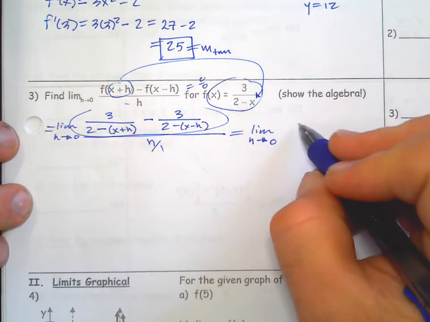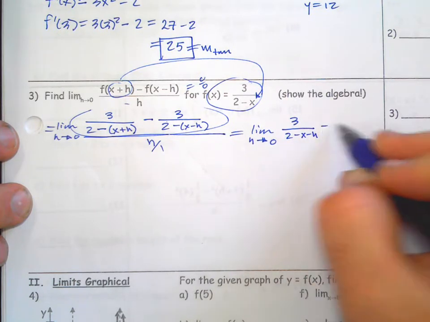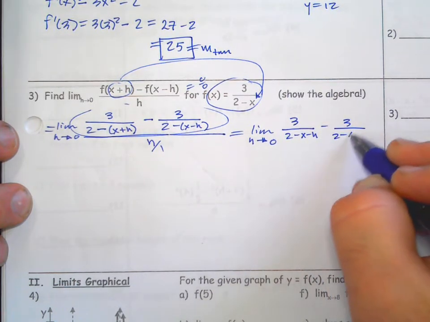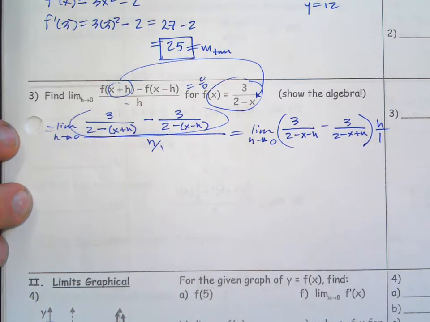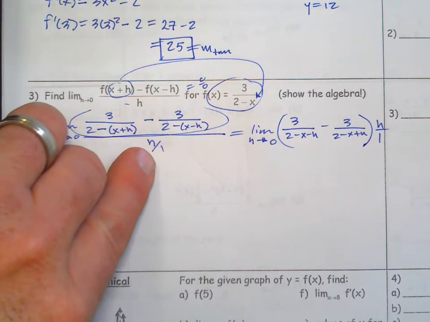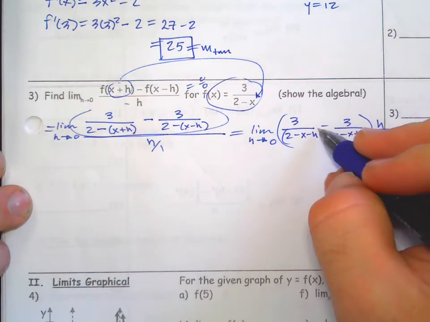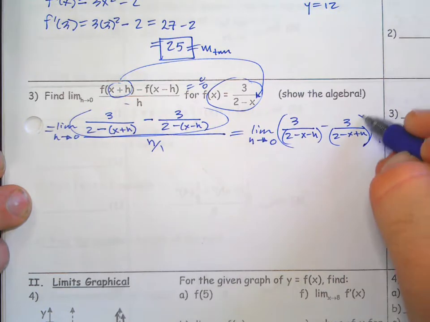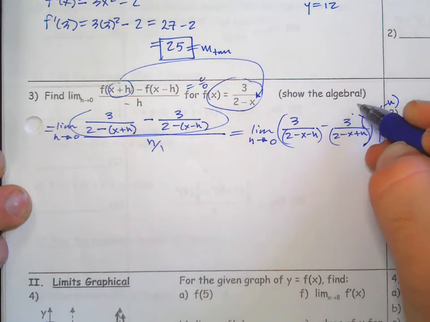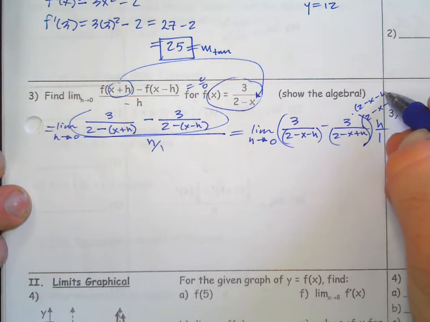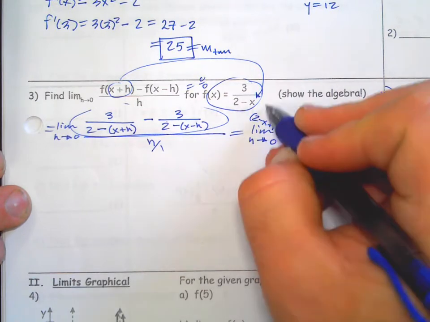So this is 3 over 2 minus x minus h minus 3 over 2 minus x, and then I'm going to multiply by h over 1 instead of dividing by h. We need to combine these together, so we have to give them least common denominators. And even though they look very close to the same, they are not the same. And so we have to multiply one by the other. Whatever you do at the bottom, you do at the top. Right? So this one we have to multiply by 2 minus x plus h, top and bottom.